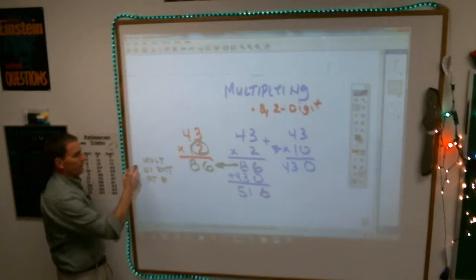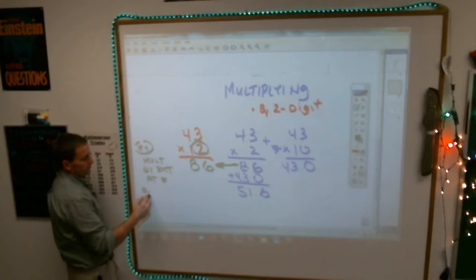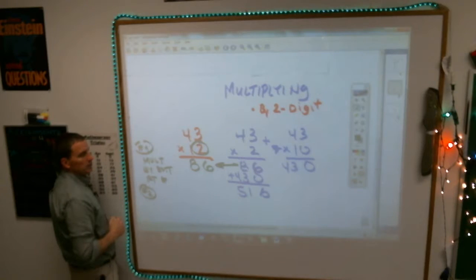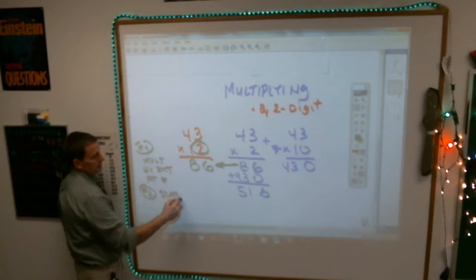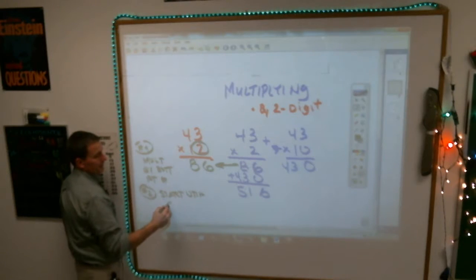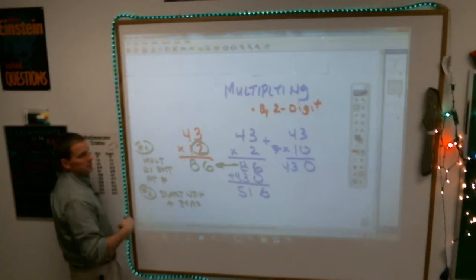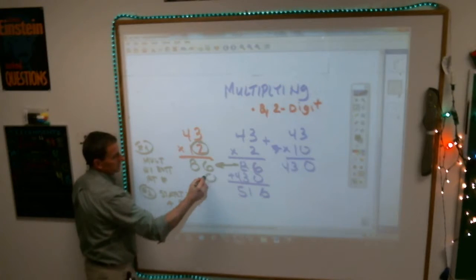After step number 1, step number 2, when you move over, you must start with a 0. That means after I multiply through, I put a 0 down here.